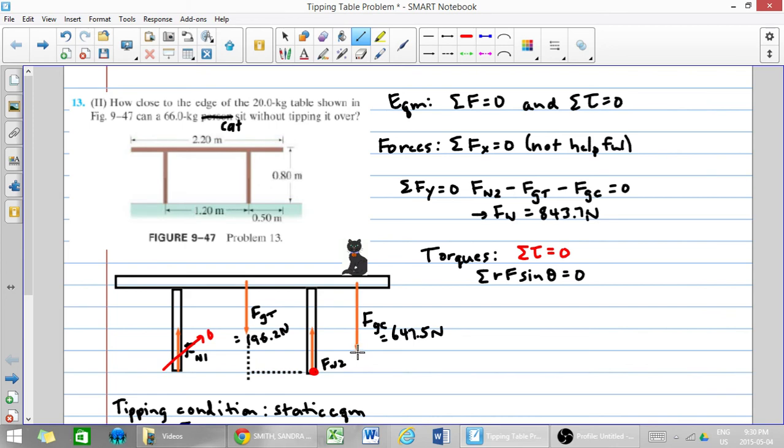And we're going to do that for these two forces because it's going to be easier. It's not always easier, this time it is.